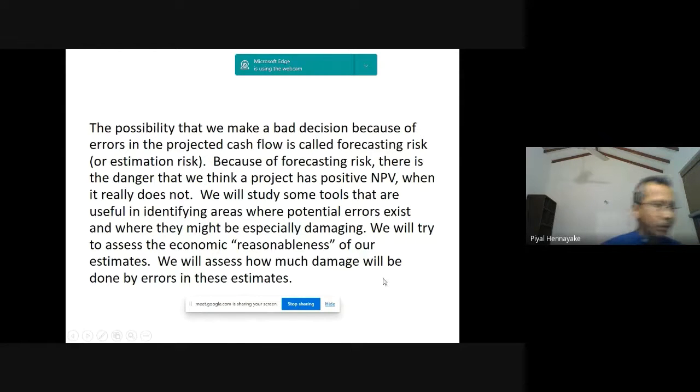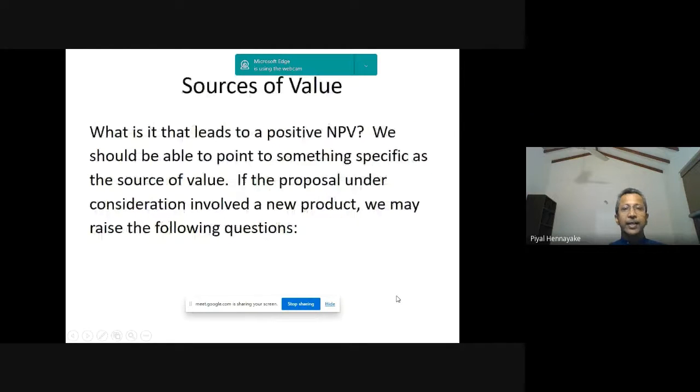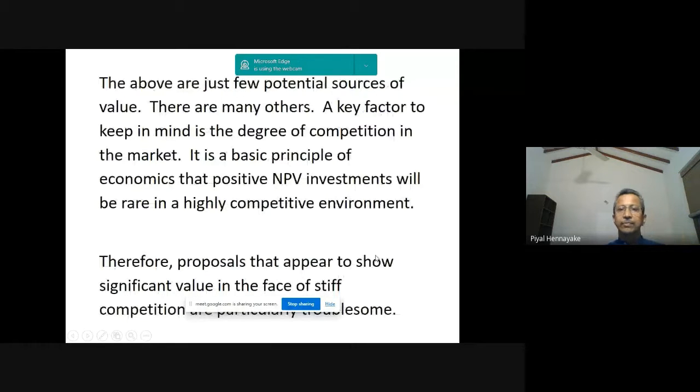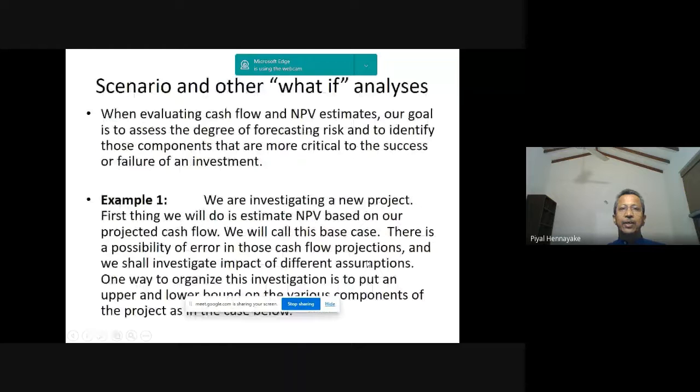So you have to go through this presentation as well and be ready for the exam. We have done calculations also today, in scenario and sensitivity analysis.